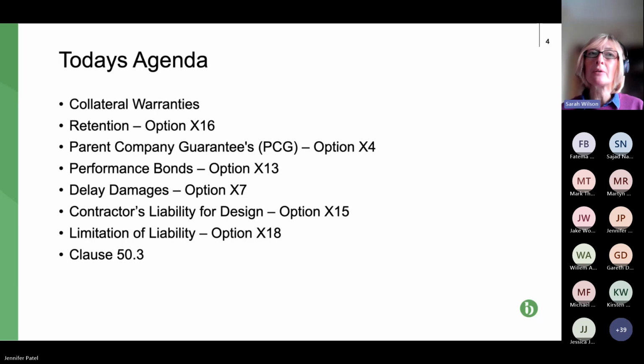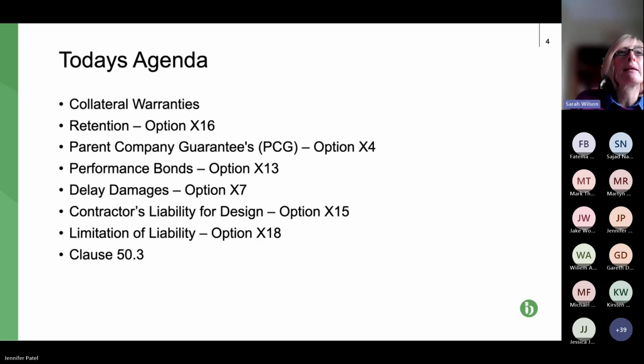And then finally, we're going to look at clause 50.3, which, spoiler alert, is sums that the paying party can deduct if the contractor doesn't submit its initial programme for acceptance within timescales. So I'm afraid it's yet another deduction that can be made against contractors or subcontractors as appropriate.